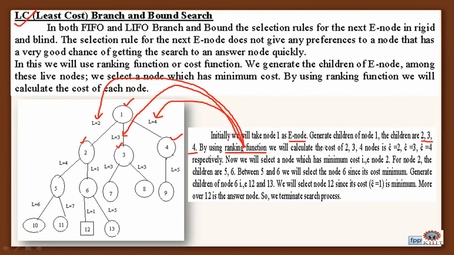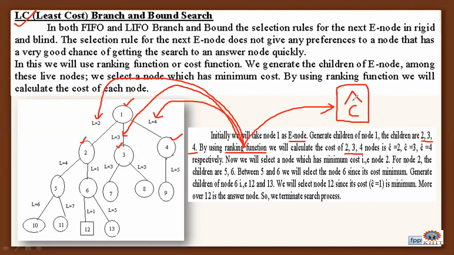So we will calculate the costs of node 2, node 3, node 4. C stands for cost, and the cost of the ranking function is denoted with the symbol C cap.